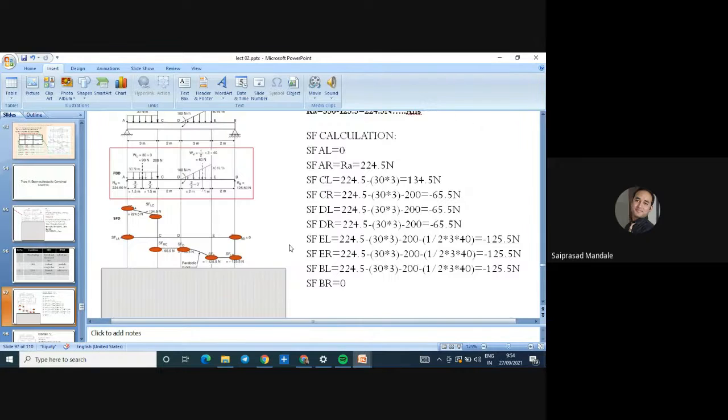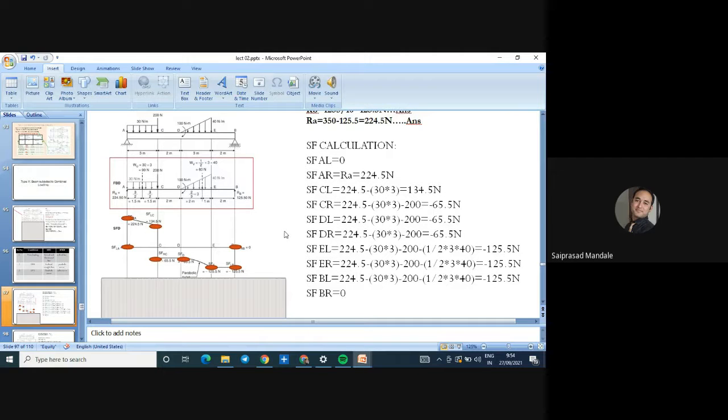Now my second question for everybody. If I wish to draw a bending moment diagram, what is the nature of the curve? What is the nature of the diagram in the bending moment diagram when there is a UDL? Tell me the answer. Parabolic curve. Perfectly correct, a parabolic curve.